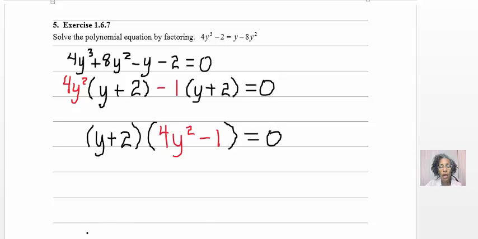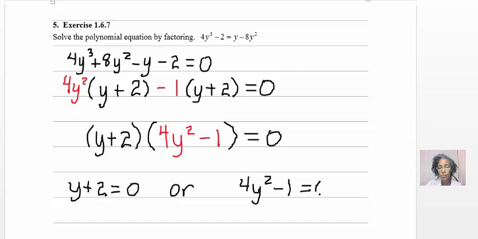And notice I can now solve this by taking each of these factors that has the variable in it and setting them equal to 0. So either y plus 2 is 0 or 4y squared minus 1 is 0.